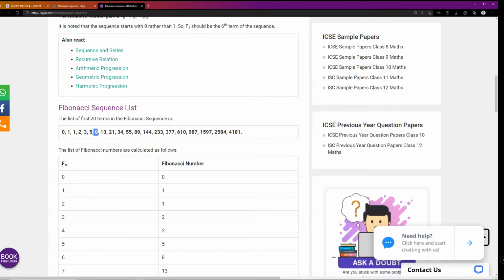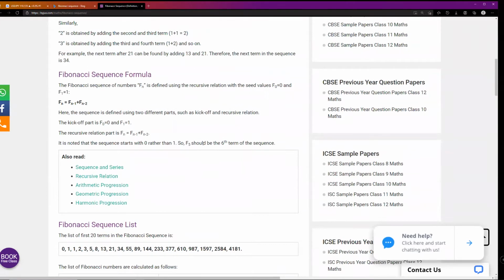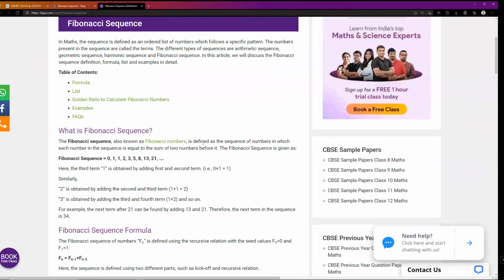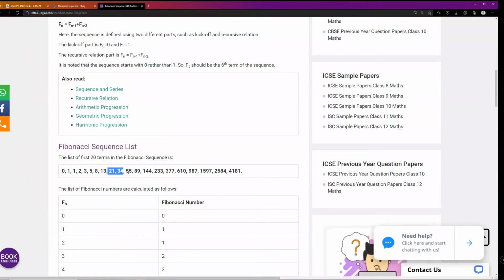And if I asked what you think the 7th term was, you would just do 3 plus 5 equals 8. Same thing for the 13: 5 plus 8 equals 13. 8 plus 13 equals 21. So on and so forth. As you can see, the cool thing about Fibonacci is when these numbers are set in this type of series, they become, in a way, not predictable, but you can damn near estimate the next number of the sequence.